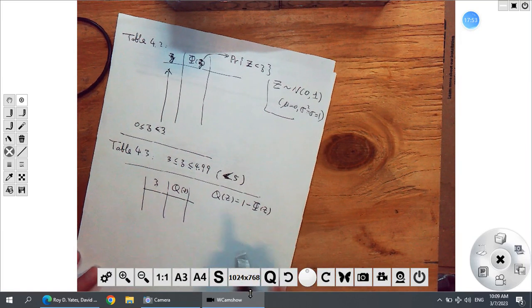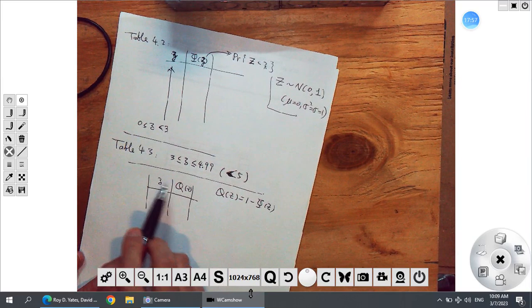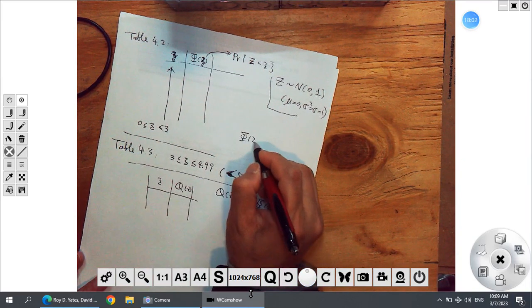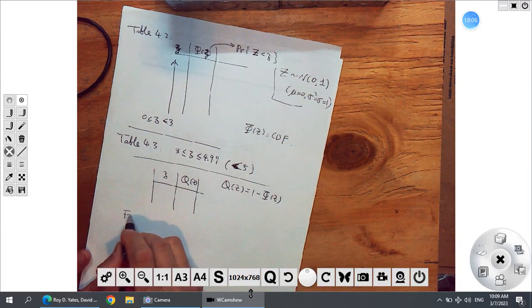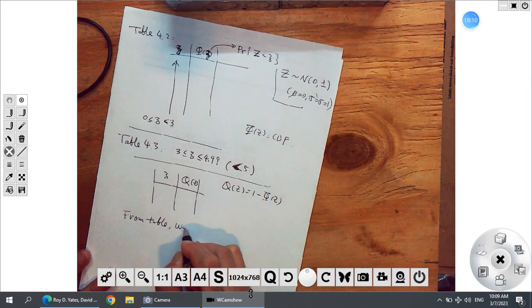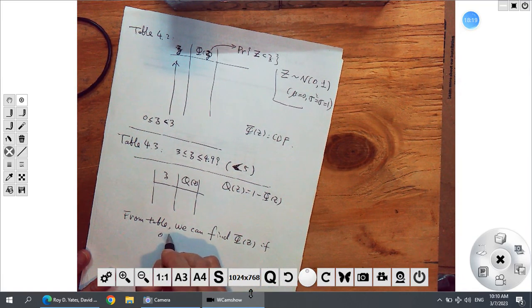From the table, when you know Z, you can find phi Z. Phi Z is the CDF. So from the table, we can find phi Z if Z is between 0 and 5, not 5, smaller than 5.